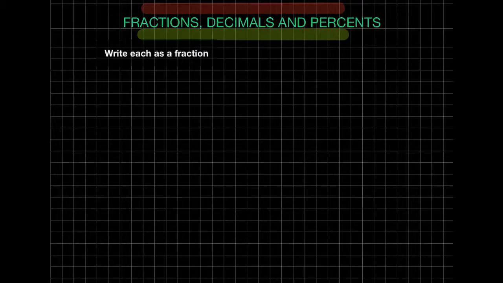So let's say I want to convert the number 0.6 repeating, which as we know is just 0.66666. This just keeps on going on forever, right? So what we do is we're going to say x equals 0.6666 repeating.